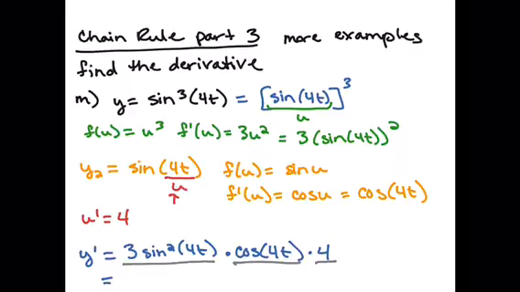And if we clean this up, multiply our coefficients together, it's going to be 12 cosine of 4t times sine squared of 4t.